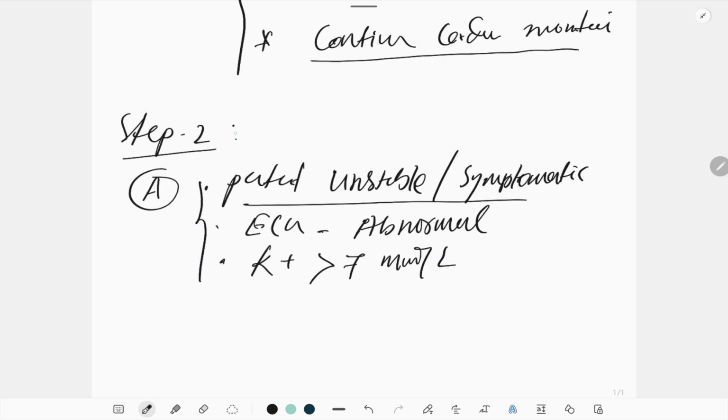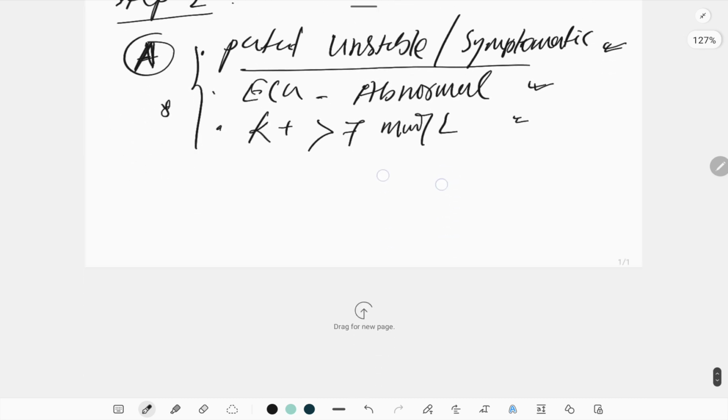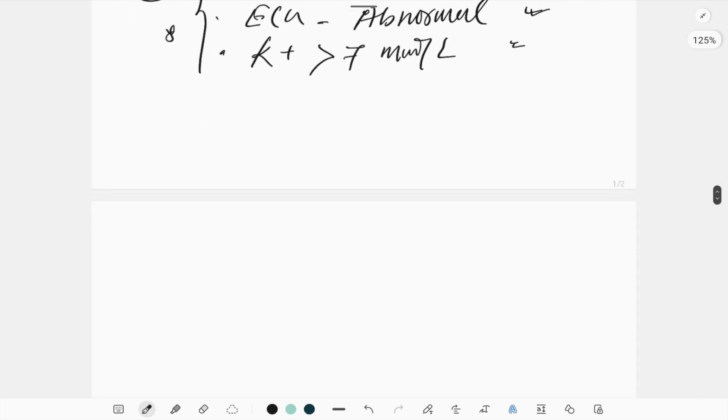So in step 2, category A patient, when the patient is clinically unstable or symptomatic, ECG clearly abnormal, or potassium level is more than 7 millimole per liter, if these criteria are met, then we will go for the further management.